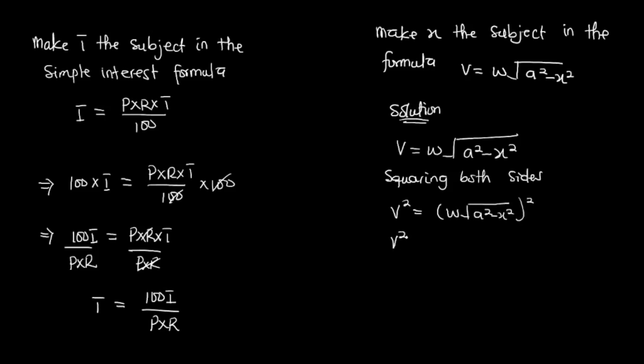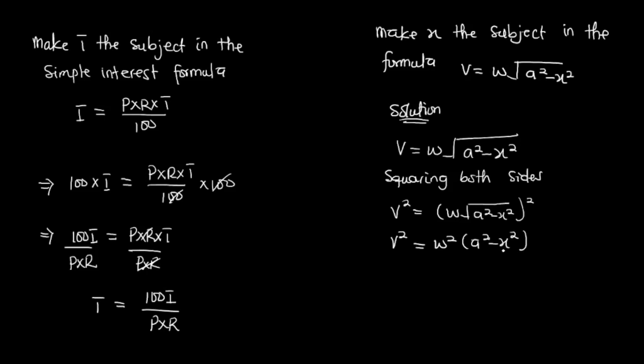Now this will give us v squared is equal to, these are w and the content in the root sign are multiplying each other. So if we square all of them, we will have w squared, then the square root will cancel this, so it becomes a squared minus x squared over here.